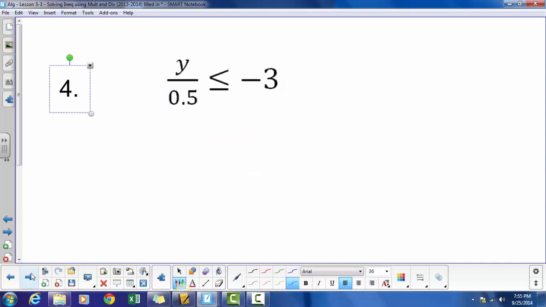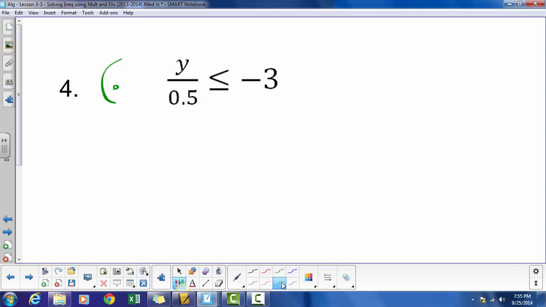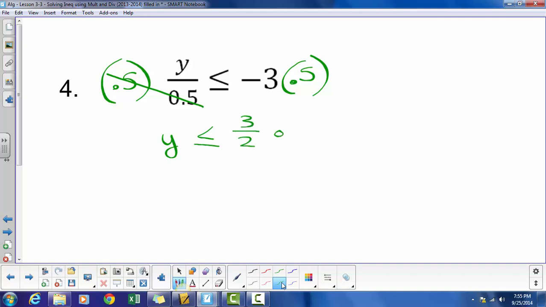All right, number 4, y divided by negative 0.5. So I can multiply both sides by 0.5, and when I do that, I have y is less than or equal to, let's see, 3 times 0.5 is 3/2 or 1.5, and it's a negative, okay? So I'm going to graph this.